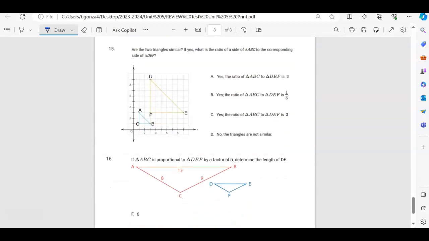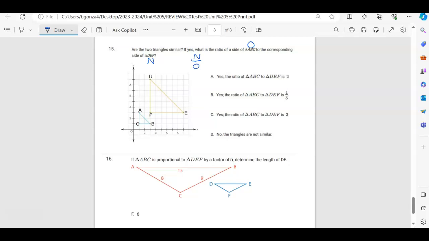15. Are the two triangles similar? If yes, what's the ratio of the sides? Okay. Well, you can see they have a right angle. And let's see if these sides are proportional. All these answer choices are talking about the ratio from one triangle to the other. Okay, so again, it goes from original to new. So scale factor is new over original.